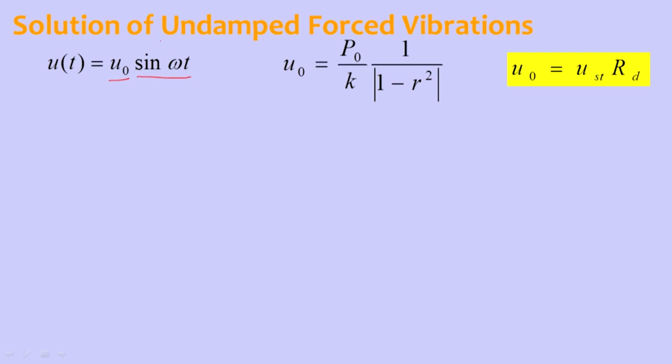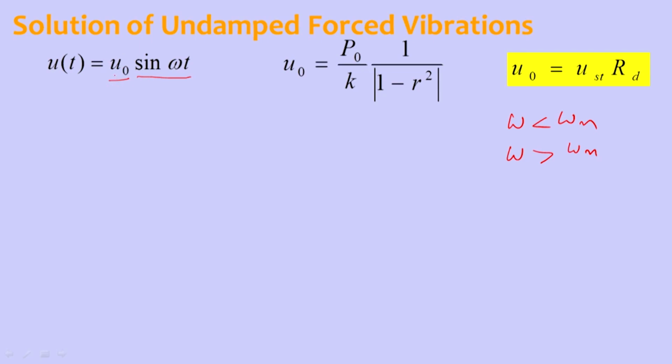Usually there will be some phase in this, but for undamped vibration, the phase depends on the frequency: when omega is less than omega n, it will vibrate in phase, and when omega is greater than omega n, it will be out of phase. We will discuss this phase a little while later. So let us concentrate on the amplitude of vibration.